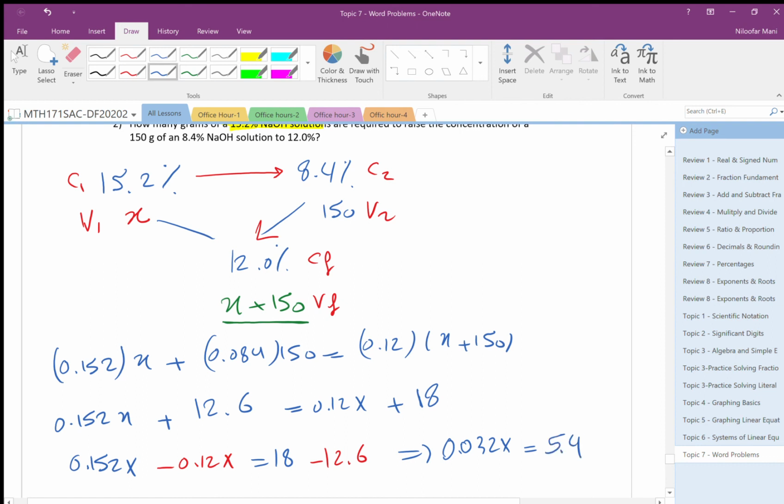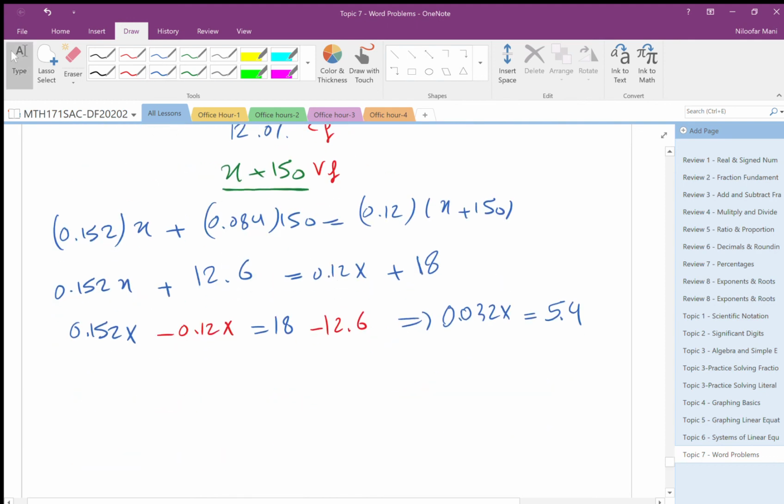So 18 minus 12.6 is 5.4. Then I can find the answer. x is 5.4 divided by 0.032, which is 168.75 grams. So almost 170 grams.